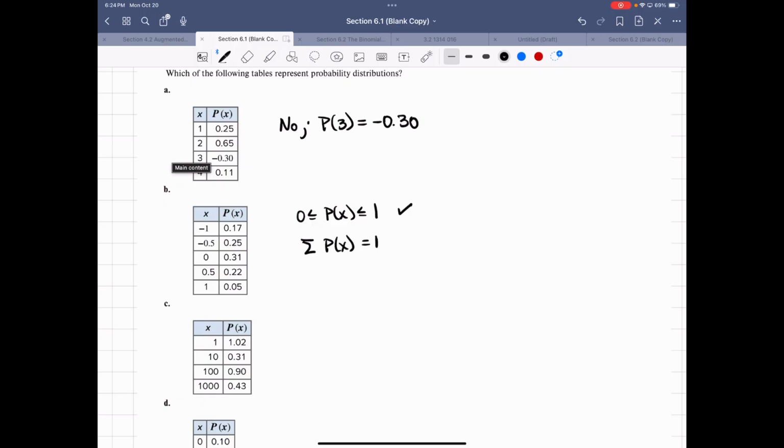I've got 0.17 plus 0.25 plus 0.31 plus 0.22 plus 0.05. Somebody tell me what they get. Did you get 1, Raina? Yeah, it's 1. Robert, you're my king of the calculators. Look at it. It is 1.